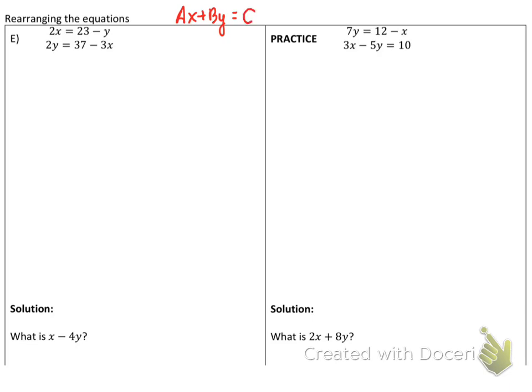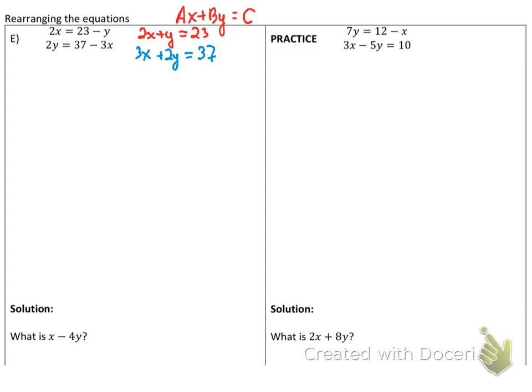So in the first one, I would make this become 2x plus y equals 23. I would just add the y to both sides. And on the second equation, all I would do is add the 3x to the other side. So I would get 3x plus 2y equals 37. So there's my system of equations.